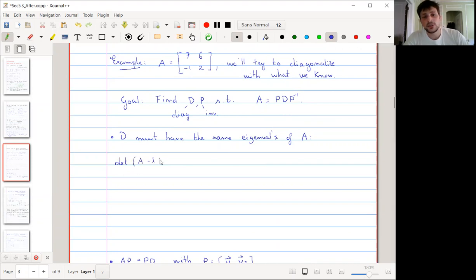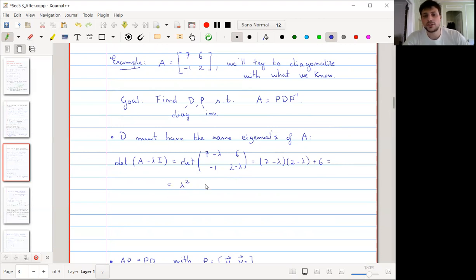Finding the eigenvalues is a matter of computing a characteristic polynomial, which is nothing but the determinant of 7 minus lambda, 6, minus 1, 2 minus lambda. When we compute this determinant, we get 7 minus lambda times 2 minus lambda, plus 6. And let's clean it up.